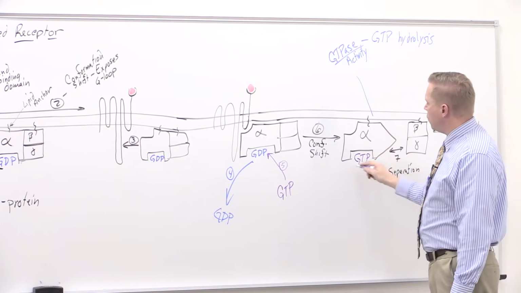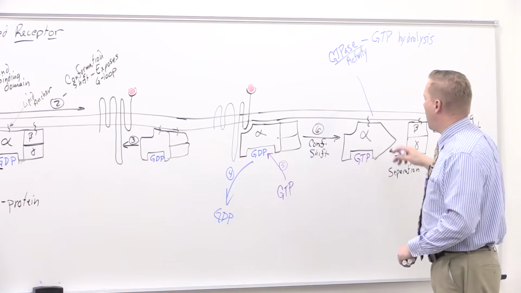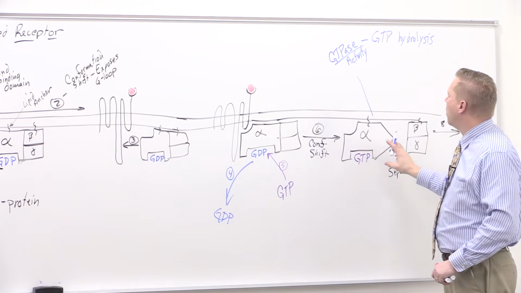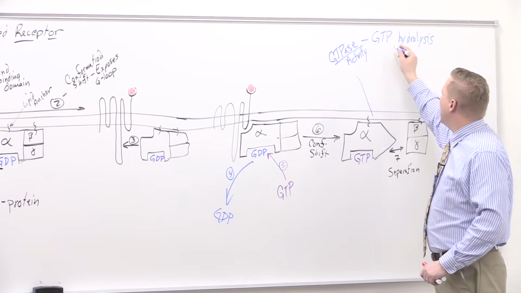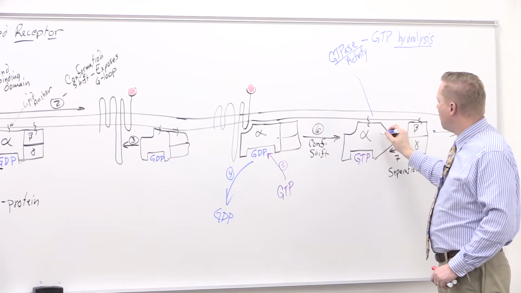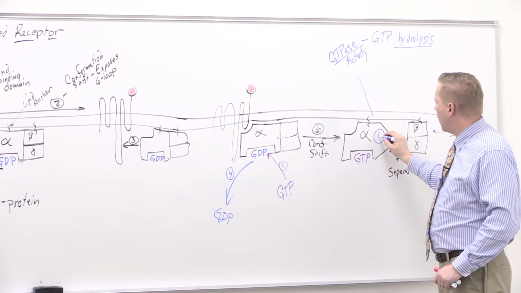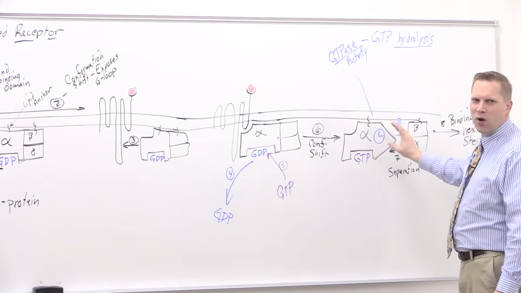So the GTP usually sits on here for, I don't know, let's say a minute or two. It's probably faster than that in terms of the cellular timing of it. But it sits on here for a while, and then eventually it gets hydrolyzed by the alpha subunit itself. So this is kind of like, I'm going to put a watch here and some watch hands. There's kind of like a natural timer on this subunit.